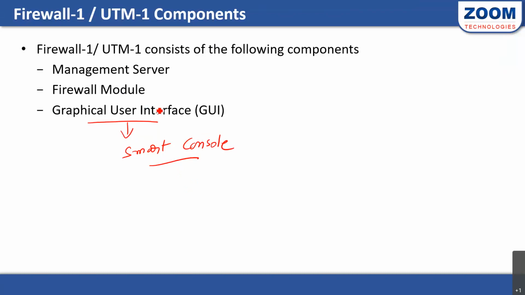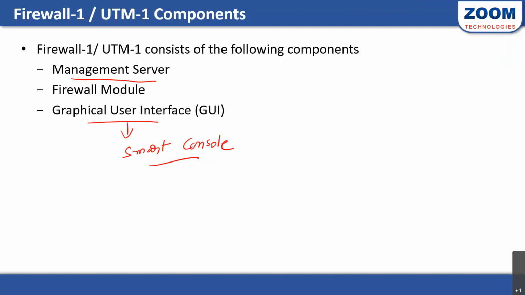And the management server, this is the one which actually does inspection of all the policies. So whatever policy we write, management server is going to inspect and check logically, is this policy correct or not. So maybe in my organization, I'm already having some set of policies.